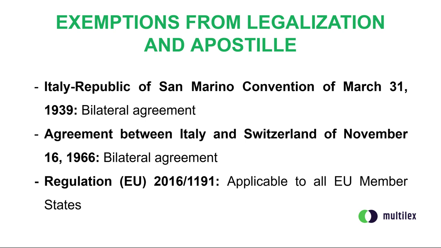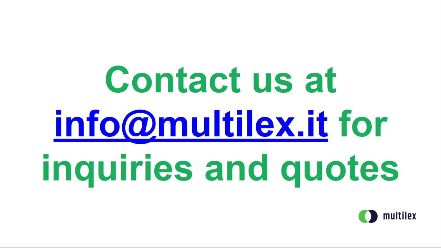There are several regulations and agreements that introduced exemptions from legalization and apostille procedures. For example, one of the most well-known is the EU regulation of 2016/1191, which is applicable to all EU member states. It would exempt the birth record extract from any form of legalization if it needs to be used in another EU member state.